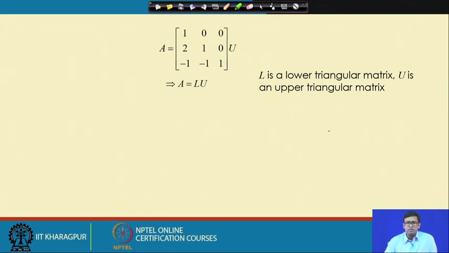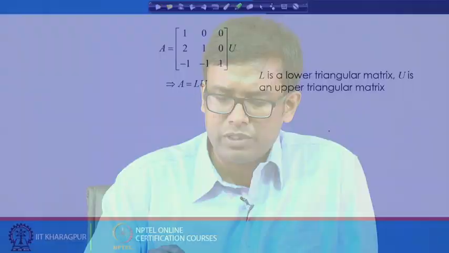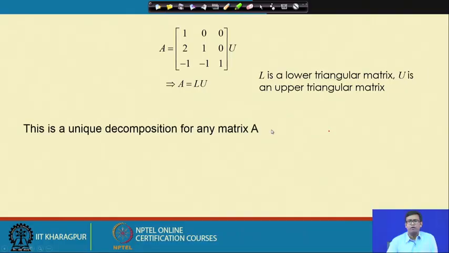Gauss elimination steps are the steps through which I am finally getting U, and the inverse of these matrices, the multiplier matrices, gives me L. So, L and U are very unique with Gauss elimination, and as Gauss elimination is a direct process, there is only one Gauss elimination process possible for one particular A matrix. Then the LU decomposition is also unique for any matrix.